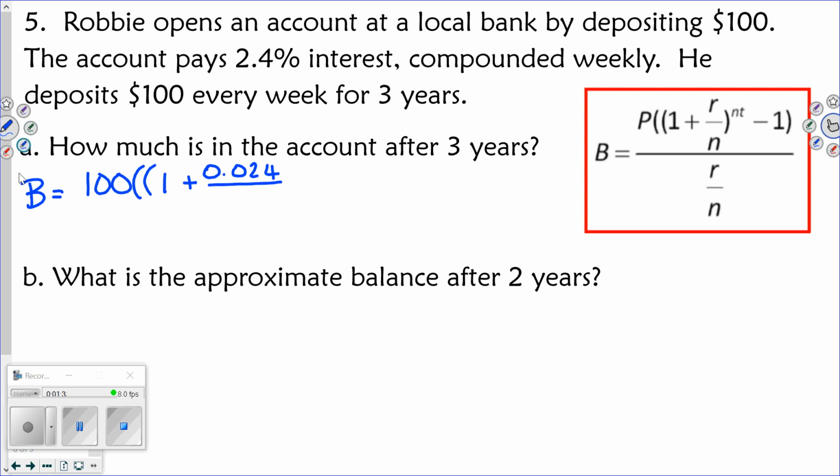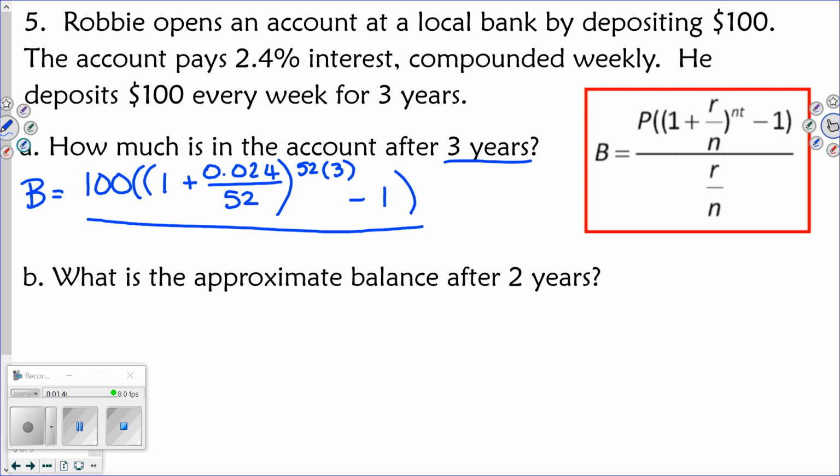So how many is that? 52. All right, so then it would be 52 times, we're looking at 3 years, minus 1, all over my rate, 0.024 over 52.